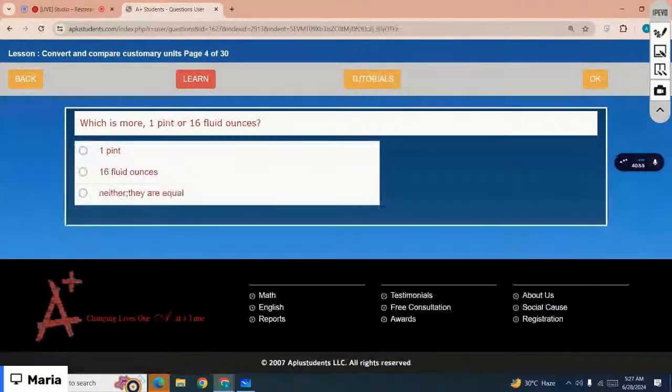Which is more, 1 pint or 16 fluid ounces? Which is the correct option?